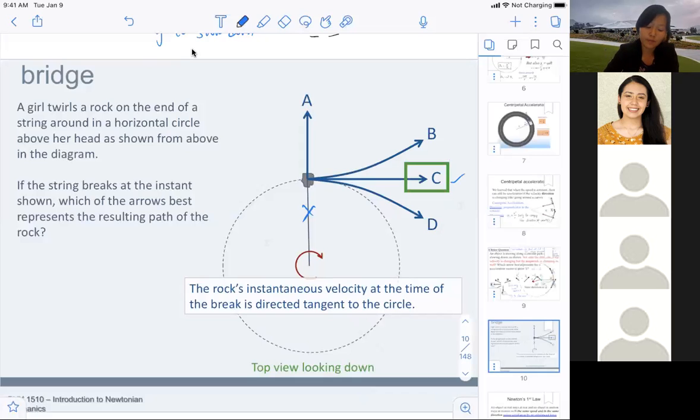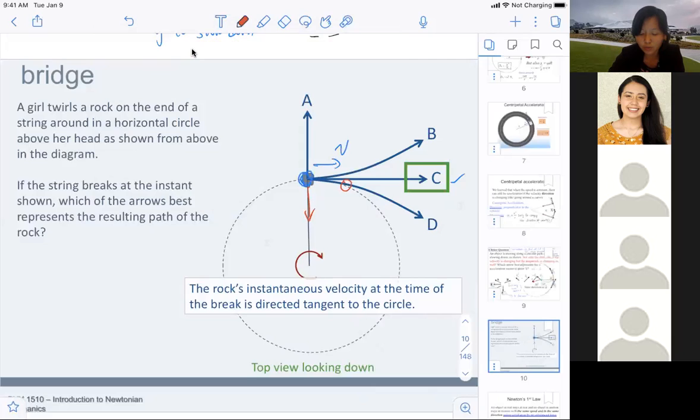So the idea of this question is really to show us a connection to our next topic, which is when you don't have that acceleration. The rock's velocity at this instant is in this direction, tangential to the path. If you continue to have this strain, which means the strain will try to pull it toward the center, the rock will continue to curl around. Without that, it's not going to curl around.